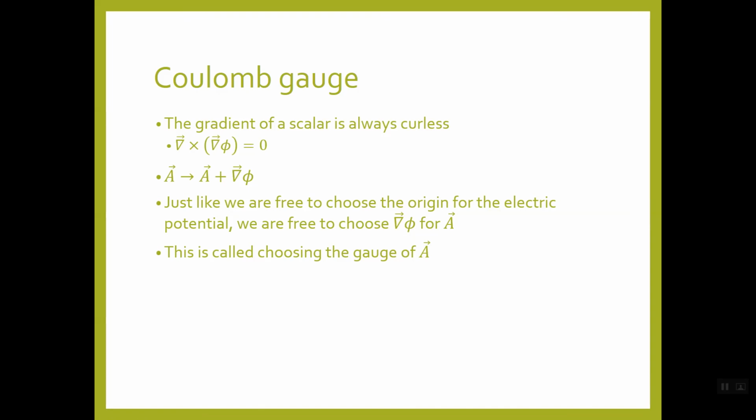And this choice, like choosing the origin for the electric potential, is called choosing the gauge of our magnetic potential. One gauge that is often used is called the Coulomb gauge, in which the divergence of our magnetic potential A is equal to 0.